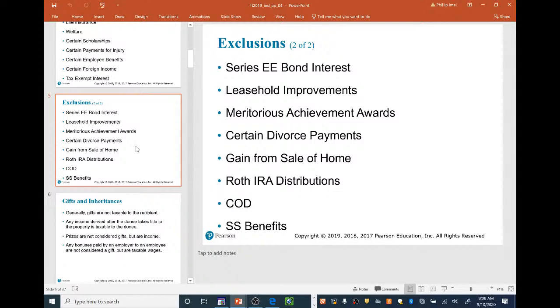Leasehold improvements, meritorious achievement awards, certain divorce payments, gain from sale of home, Roth IRA distributions, COD, which means cancellation of debt, and Social Security benefits. So these are some of the major statutory exclusions from gross income.